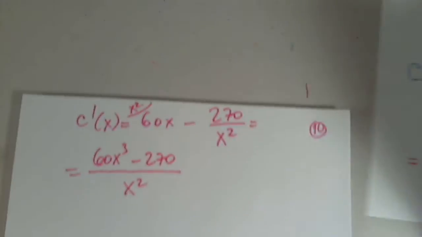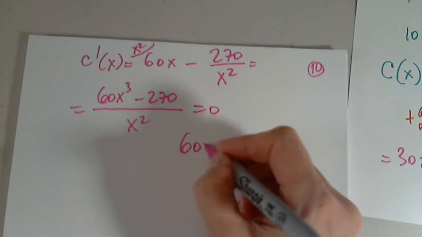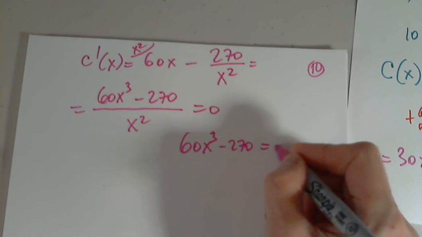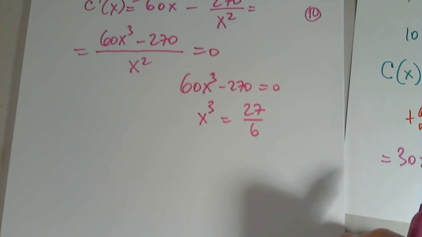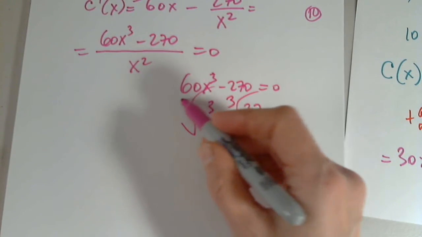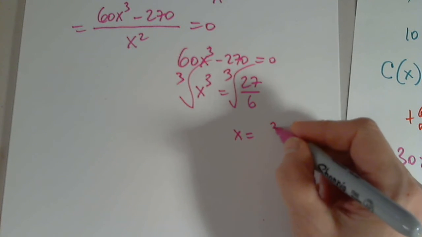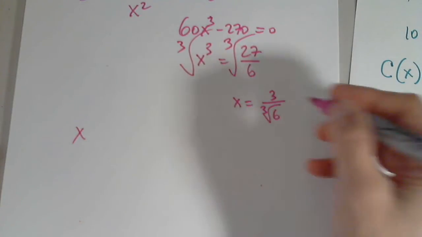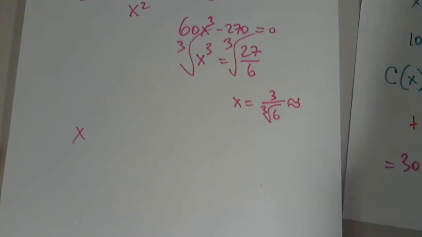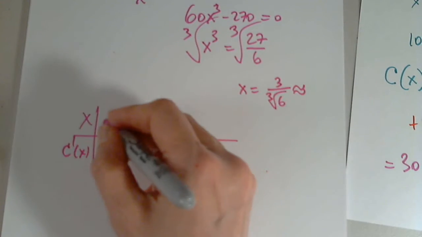This function cannot be undefined because x cannot be 0, but it can be 0, which means the numerator is 0. 60x cubed minus 270 equals 0, or x cubed equals 27 over 6. And when I take the cube root, I get that x equals 3 over the cube root of 6, whatever that is. And I will approximate it, of course. But now I need to show C prime, whatever that number is.